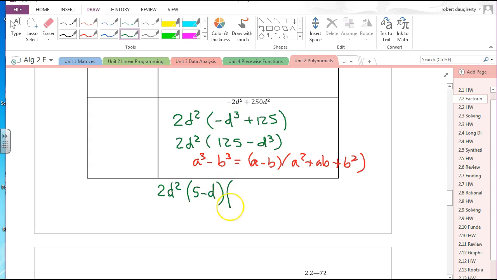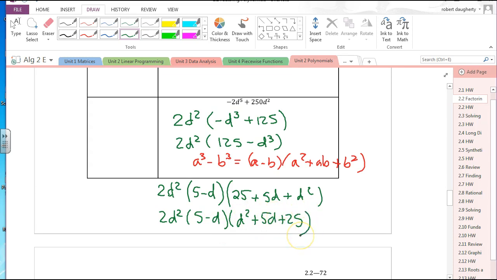And then I square that and I get a 25, 5d, and d squared. That is the same sign, so that's a negative. That's the opposite sign, and that is always positive. So you can leave it like this, or we would tend to write it more like this: 5 minus d, d squared plus 5d plus 25.